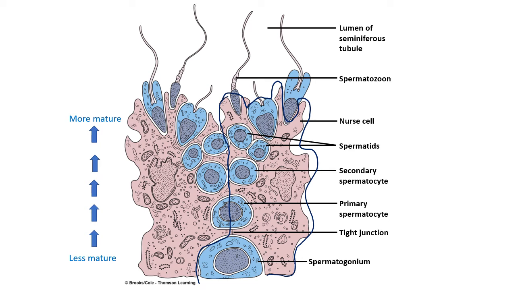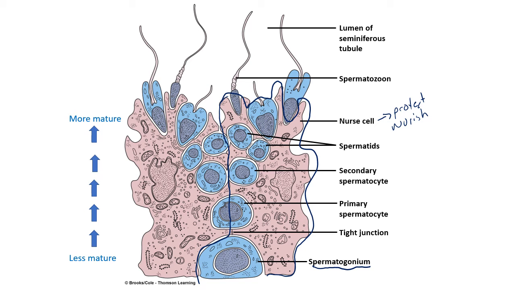That nurse cell contains, and is surrounded by, our developing sperm cells, beginning with a spermatogonium, that are going to make their maturation. And the whole job of those nurse cells is essentially protection and nourishment for those developing cells.